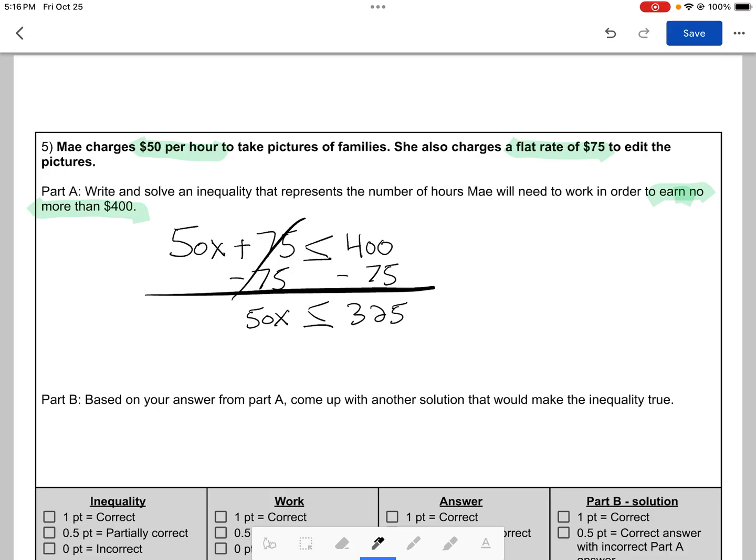So I'm going to divide by 50 on both sides. The 50s cancel. I'm left with x is less than or equal to, and when we take 325 and divide it by 50, we end up getting 6.5.